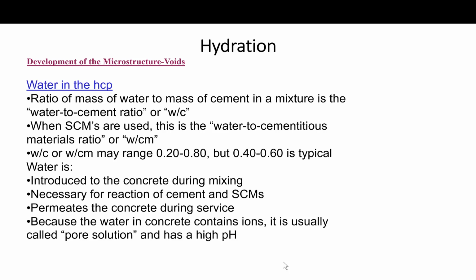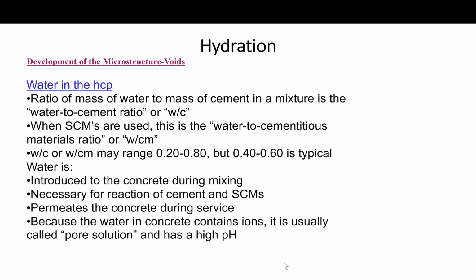Of course, when SCMs are used, this becomes the water to cementitious materials ratio, as I mentioned. The water cement ratio, or the water to cementitious materials ratio, may range from 0.2 to 0.8, but typically between 0.4 and 0.6.